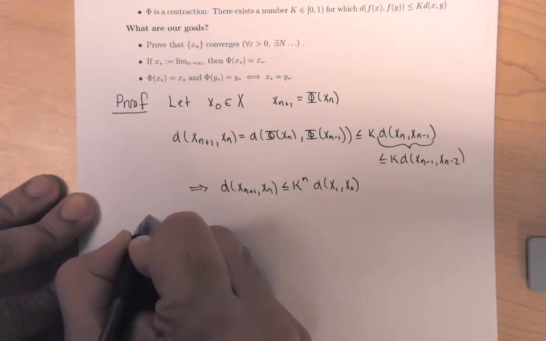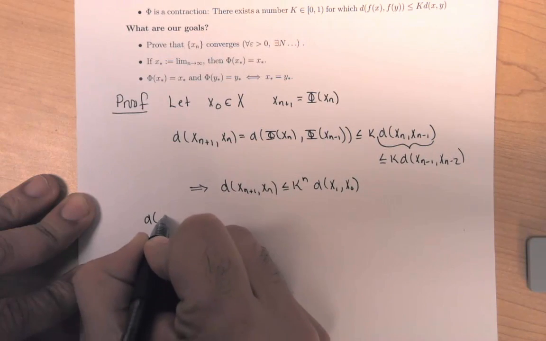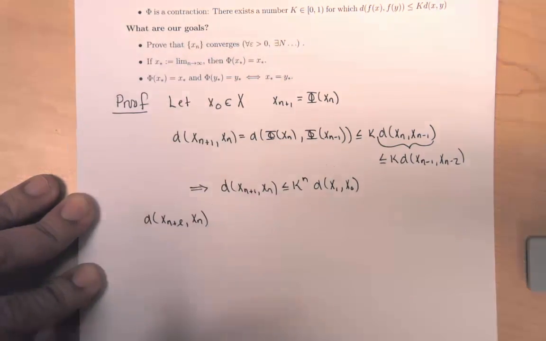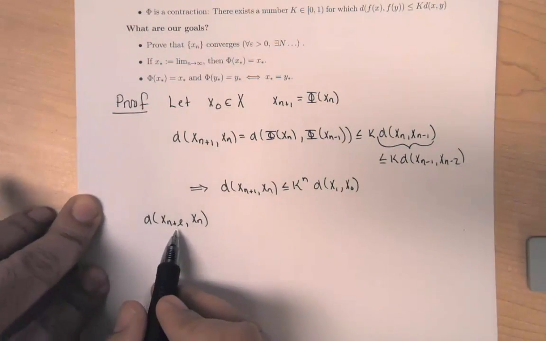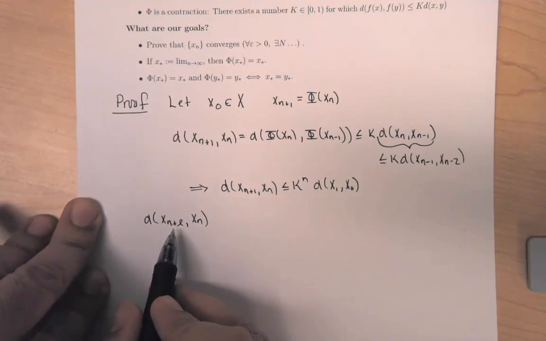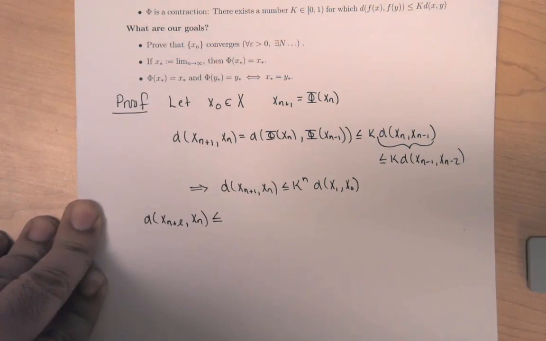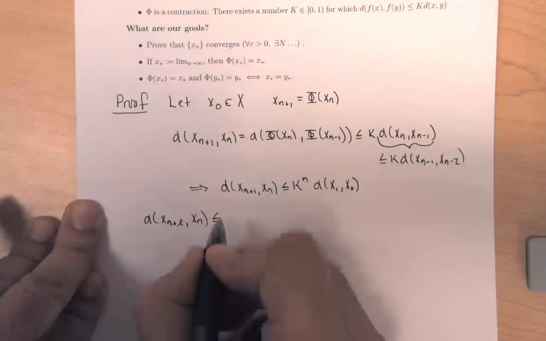So let's consider the distance between x_{n+L} and x_n, where L is some arbitrary positive integer. Then recall the triangle inequality for metrics.